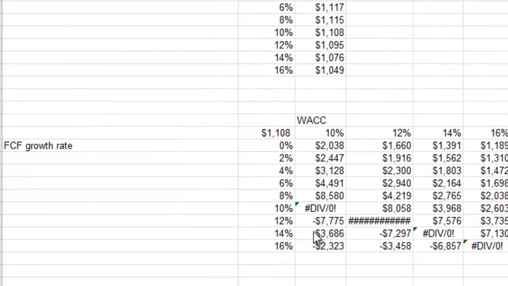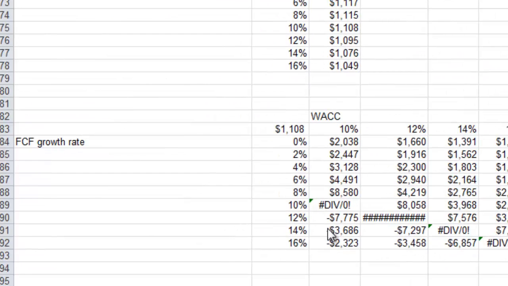Now notice that the results get kind of wild if the free cash flow growth rate is greater than or equal to the weighted average cost of capital.